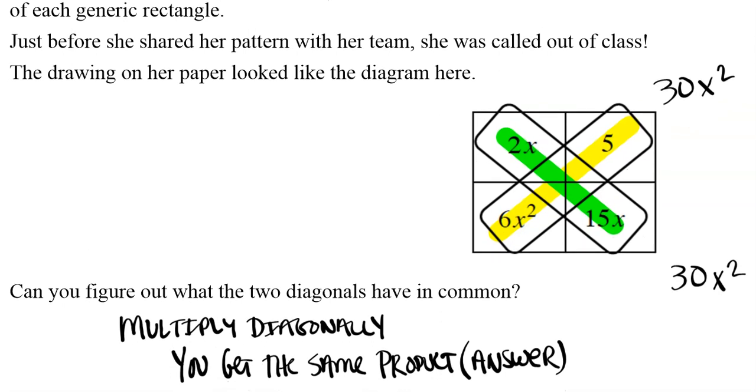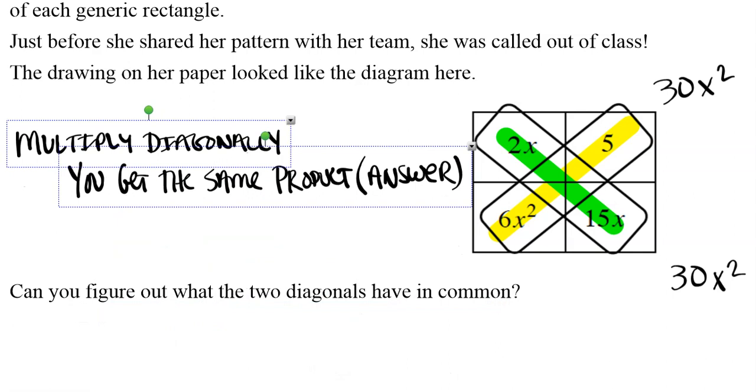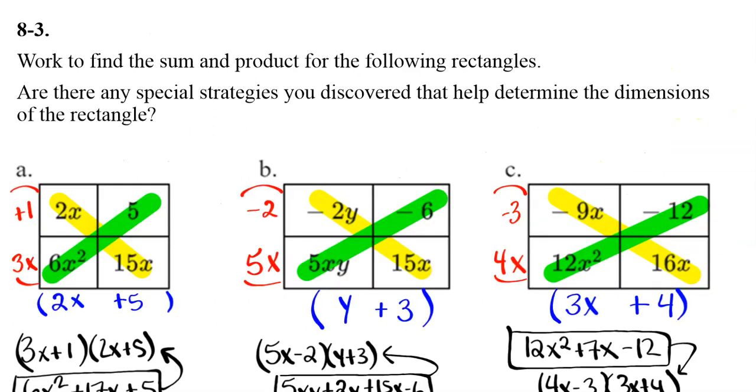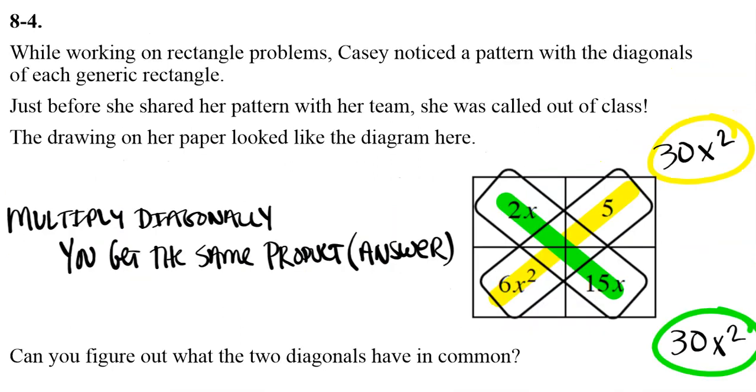Far out. Kind of interesting there. Okay, so that's one way we can make sure that we have a good rectangle, I guess.